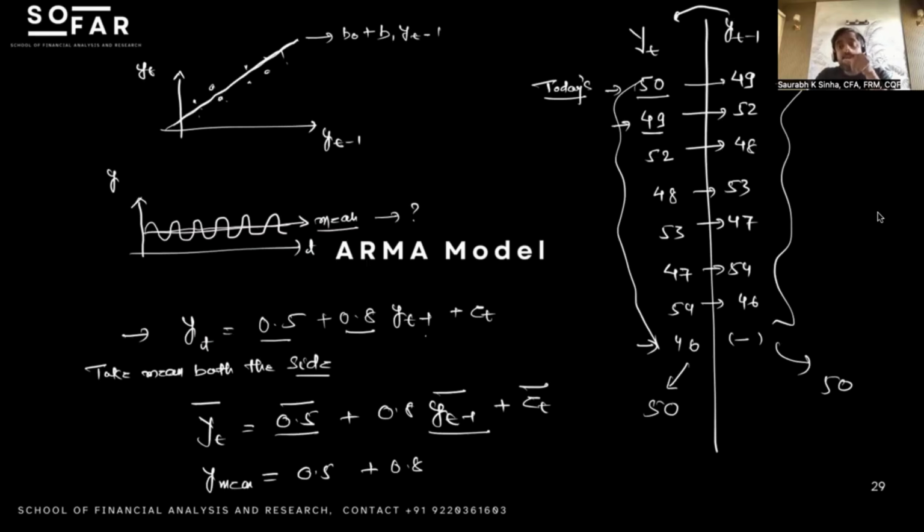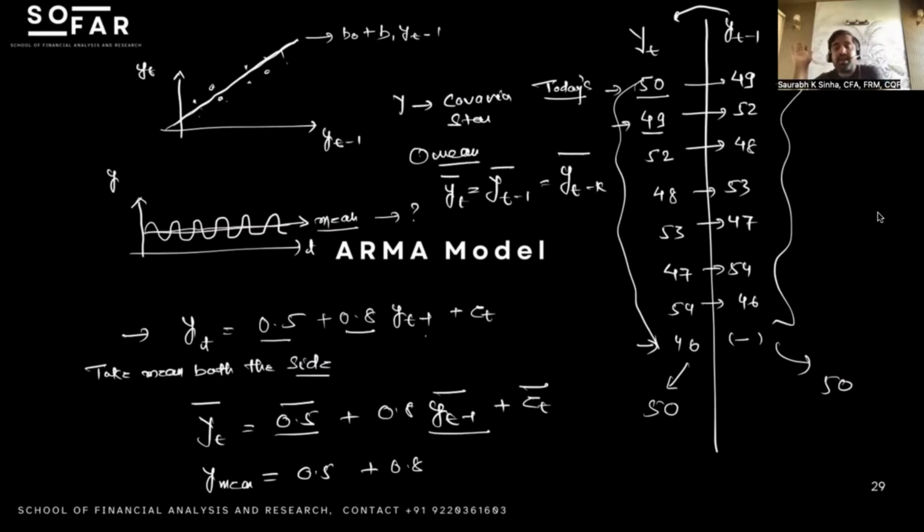So y_t mean equals y_(t-1) mean equals y_(t-2) mean, or y_(t-k) mean, at any lag. It is going to be constant, so it is going to be y mean.